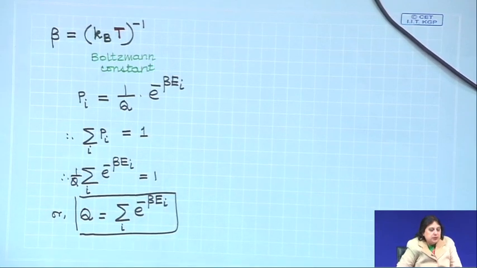Okay. So, if I know the different energy eigenstates possible for a given system, then I can find out the normalization constant Q, and accordingly I can completely write down what is the probability that this system resides in the ith energy eigenstate.